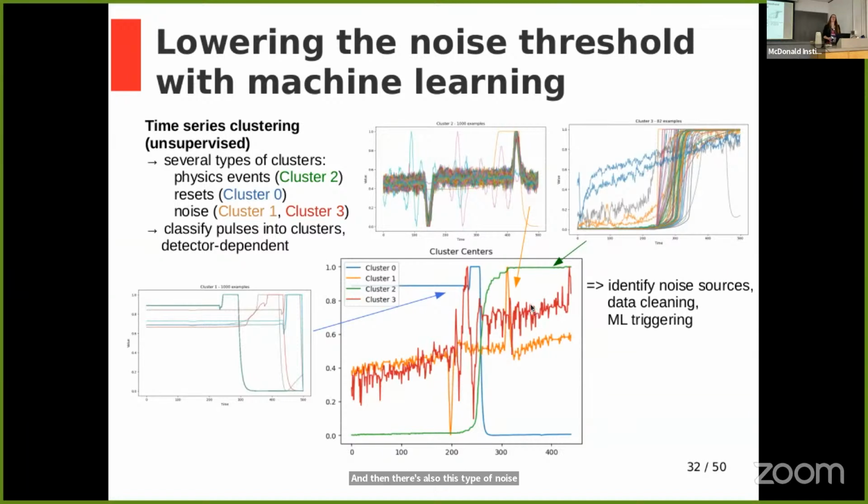The strategy now is, first of all, to use this machine learning tool to better understand what kind of noise we have and to see if we can get rid of it in our experiment. For example, this noise has a very particular frequency of 90 Hz, so we hope that for future data taking we can just avoid the source and not have these events at all.